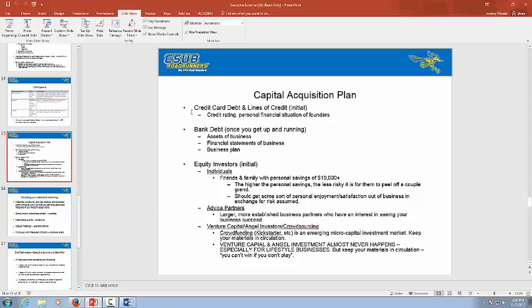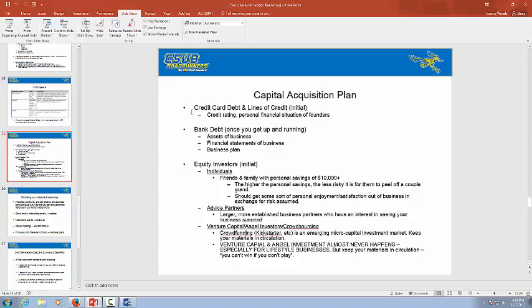One, you need assets of some kind of the business, so inventory, computers that you've bought, real estate that you own, automobiles, or like the truck for the German fast food truck, the truck itself. Any assets that you have, the bank is going to want to see assets that they can use as collateral for the loan. They're going to want to see financial statements of the business.